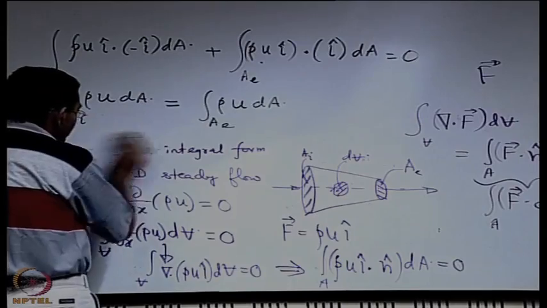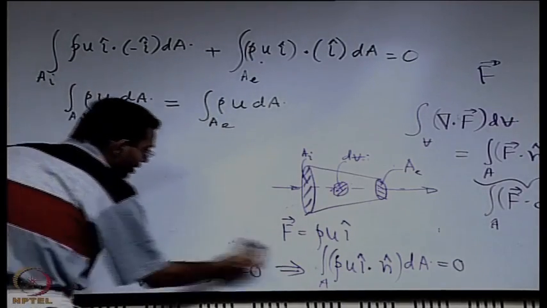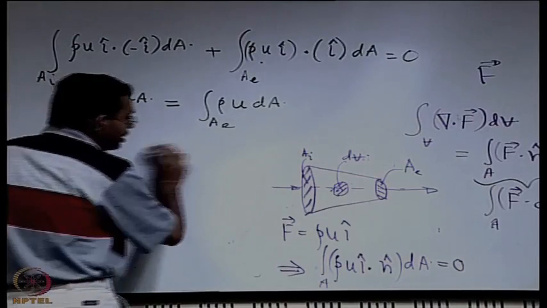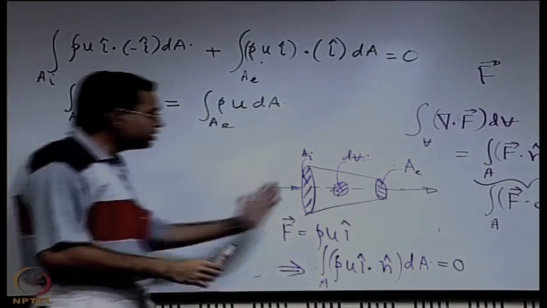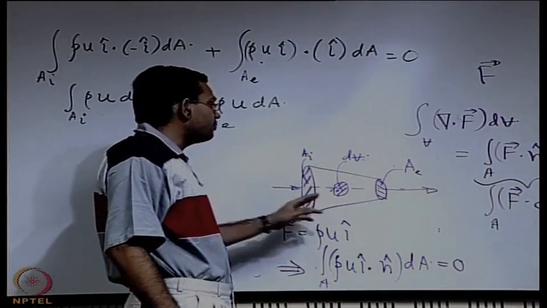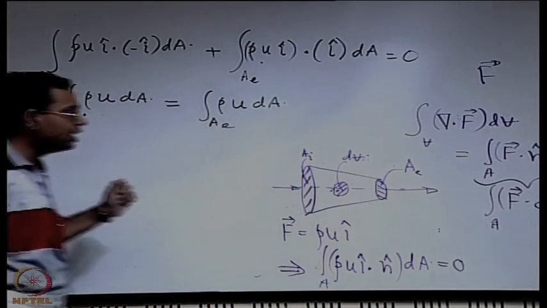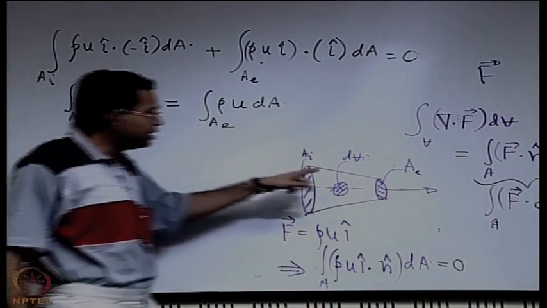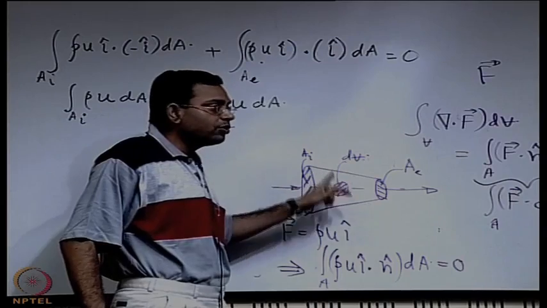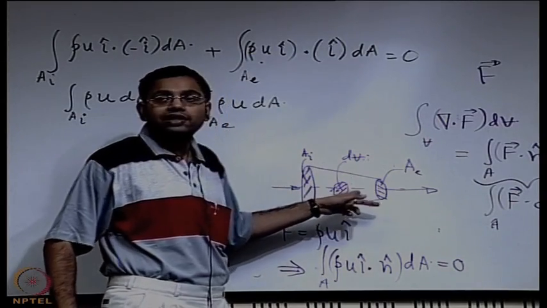Now, it is many times convenient to express this in terms of the average velocity, because it might so happen that u is a function of the transverse coordinates. Let us say we have a transverse coordinate, maybe r or y. It is almost always likely that u will be a function of a transverse coordinate, because u will be 0 at the walls by the no slip condition, and then it will change, maybe maximum at the center line.